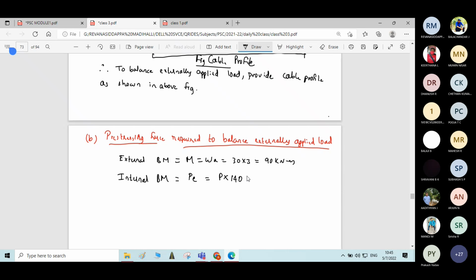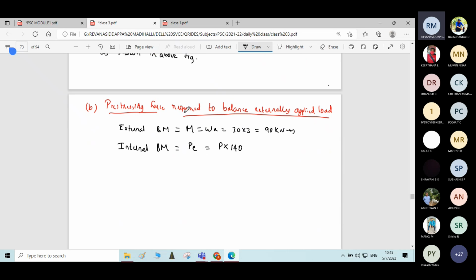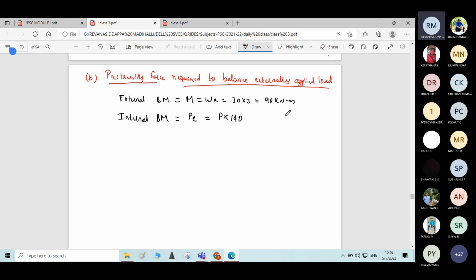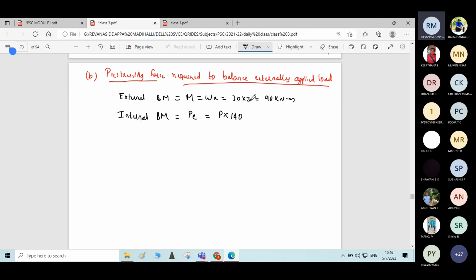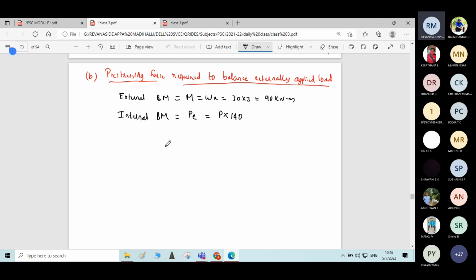Here he says to find pre-stressing force required to balance externally applied load. Balance externally applied load means moment due to external load should be equal to moment due to internal pre-stressing force. That is the condition he has given here.